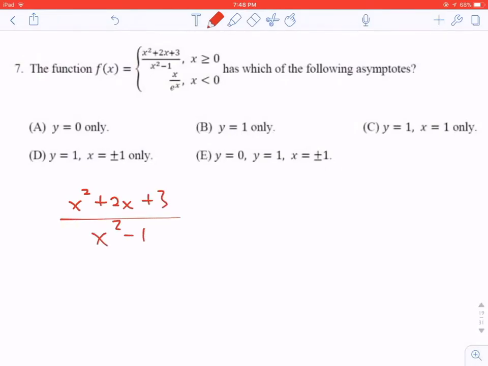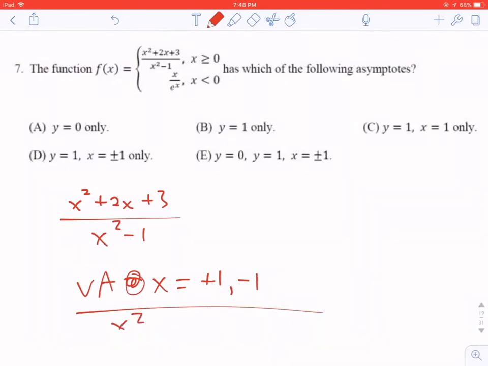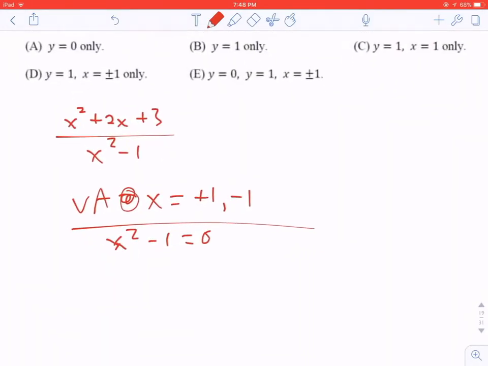To find vertical asymptotes, I think you'll find that those are going to be at x equals plus 1 and -1. That's because you set your denominator equal to 0 and you solve it. You get plus or minus 1.